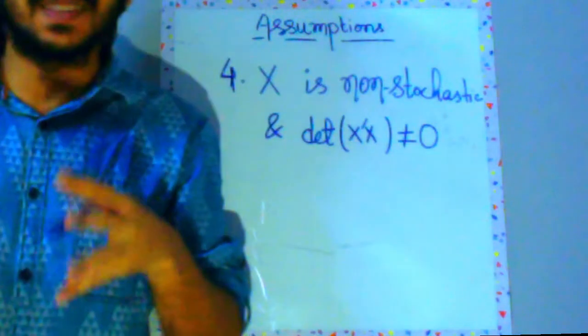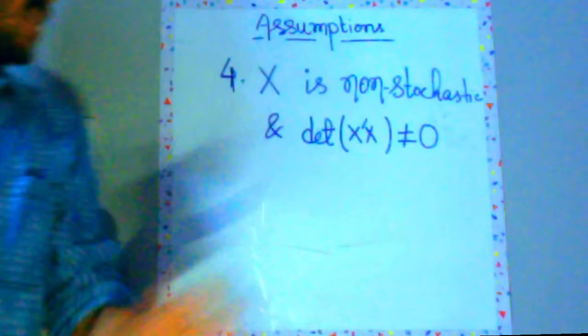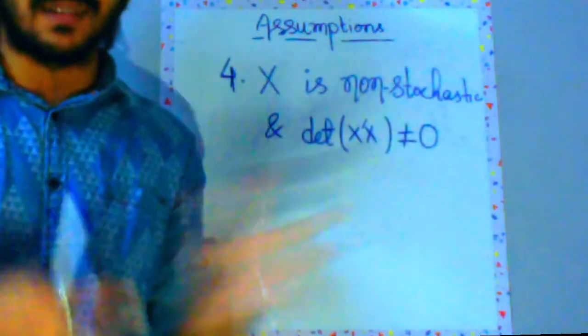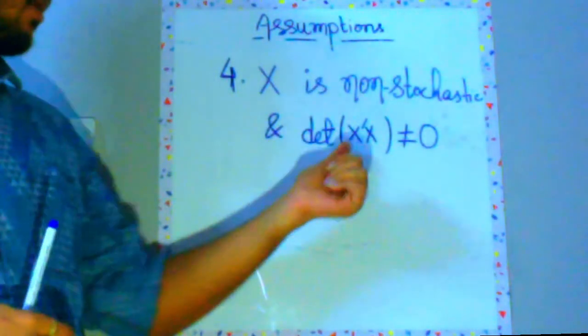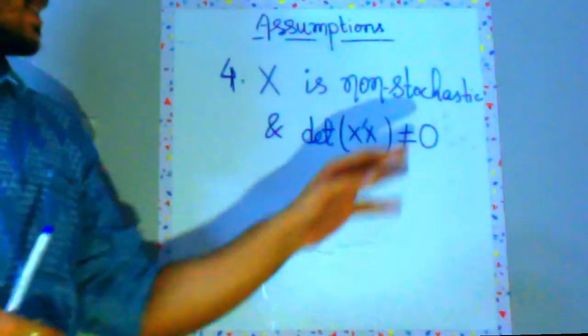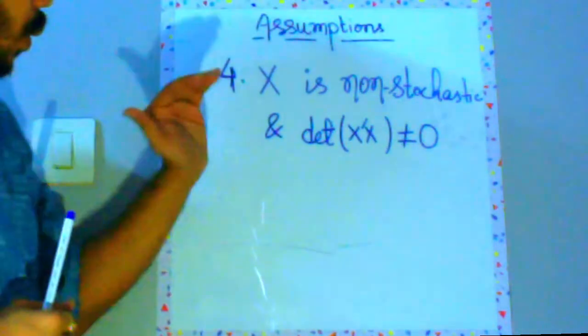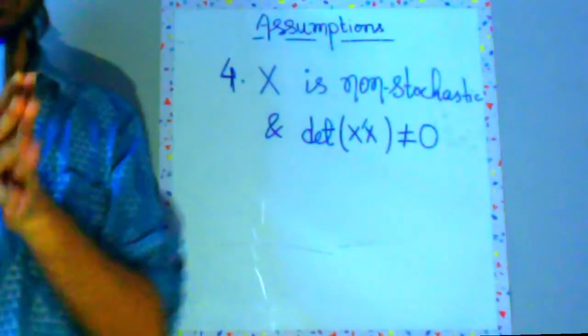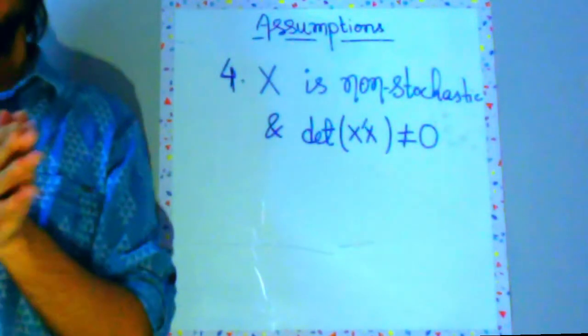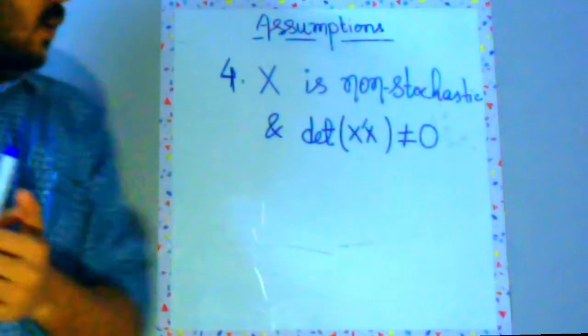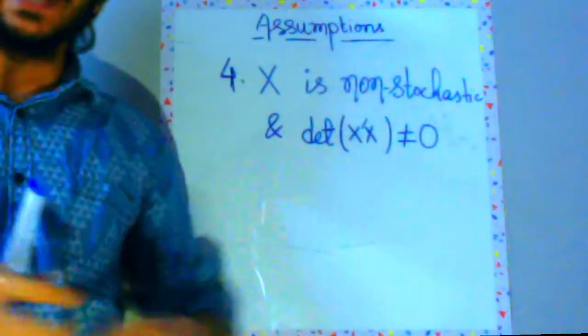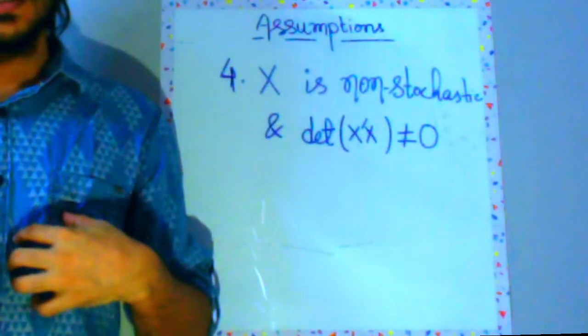The last assumption states that X is non-stochastic and the determinant of X transpose X is not equal to 0. Now let's understand this one by one. What is X? X is a matrix of the predictors. When I say it is non-stochastic, it means that for our purpose, it's not changing.